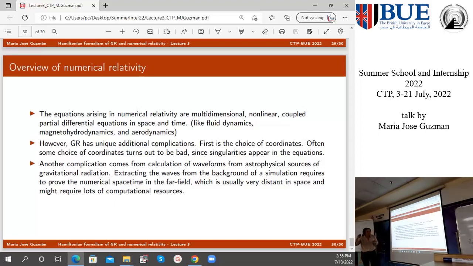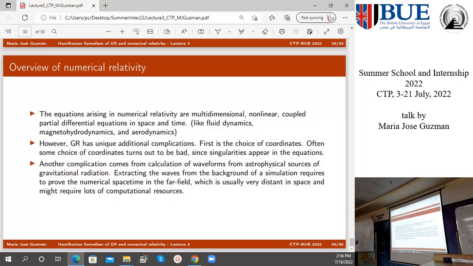All these waves are hidden in a background simulation, and to remove this background you need to check how your gravitational field behaves very far away from the source. Say the collision happens here, and then this produces a pattern of gravitational waves which extends over time. So you need to know how your gravitational field behaves here in order to remove the background of the event that happens there.